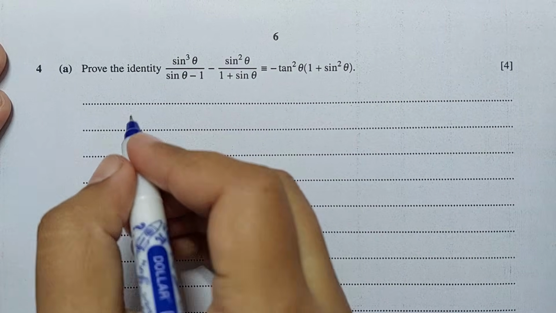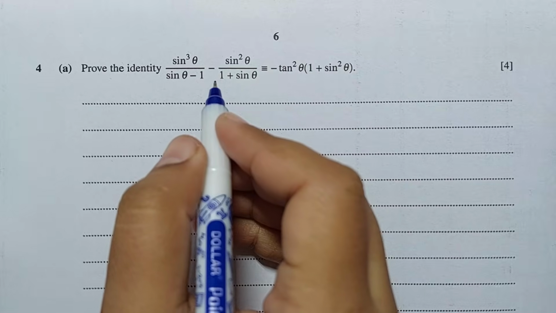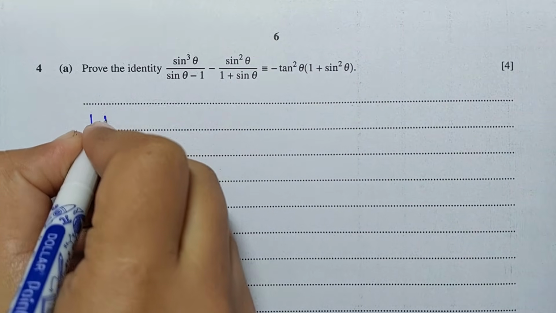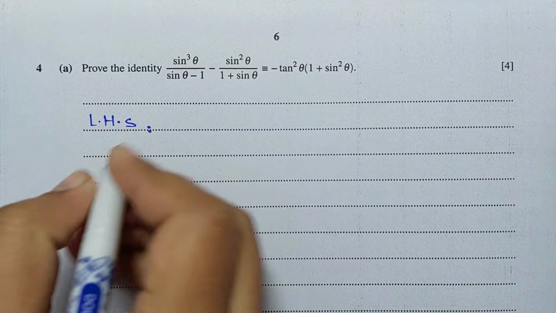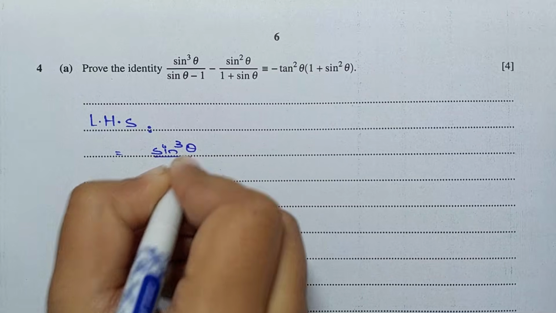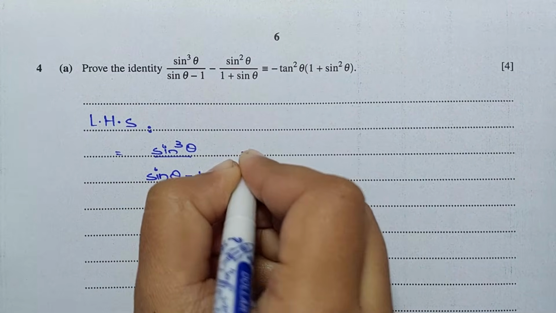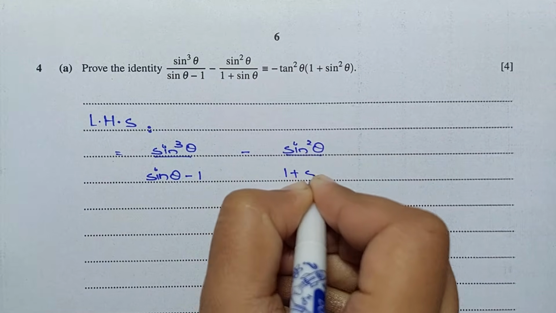Question number 4, part A, prove the identity: left hand side equals the right hand side. Let me start from the left hand side. The left hand side is sine cube theta over sine theta minus 1 minus sine square theta over 1 plus sine theta.